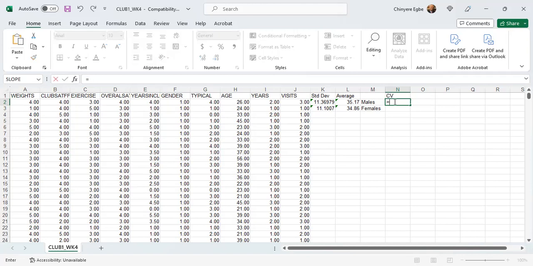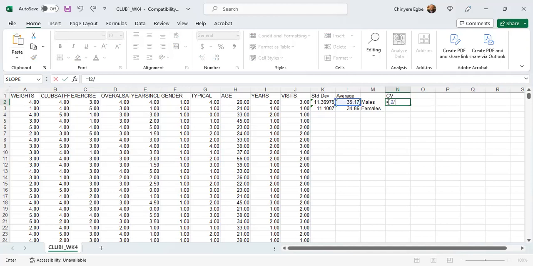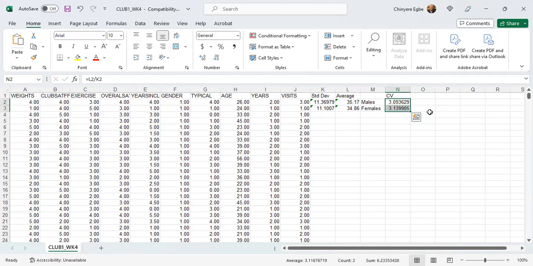It's more secure. So the coefficient of variation is equal to the average, which is L2 over K2, the standard deviation. Okay, which is the mean over the standard deviation.